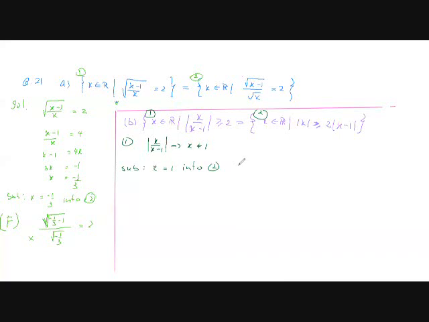So we have absolute x, replaced with 1, and absolute 1 minus 1. So 1 is greater than, this one is going to be 0, 0 times 2 becomes 0. So 1 greater than or equal to 0, which is true, correct?